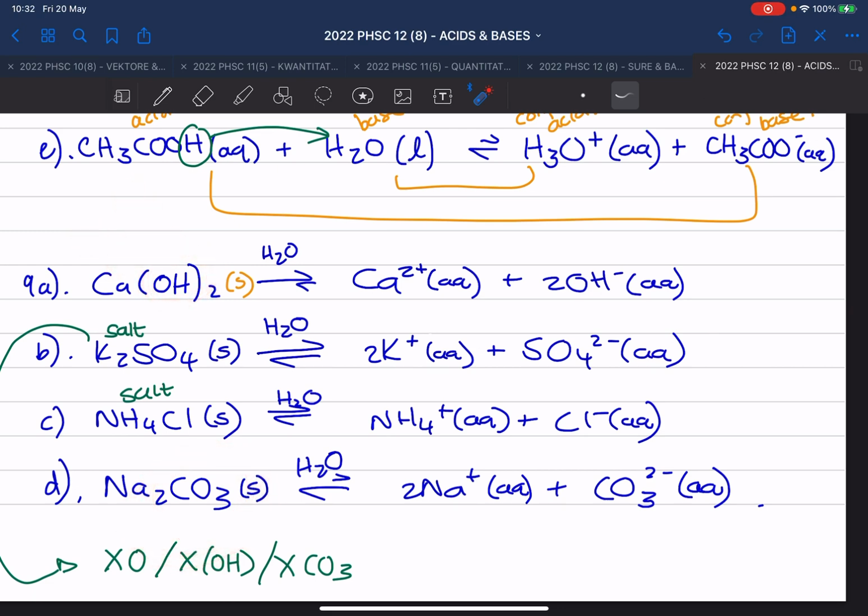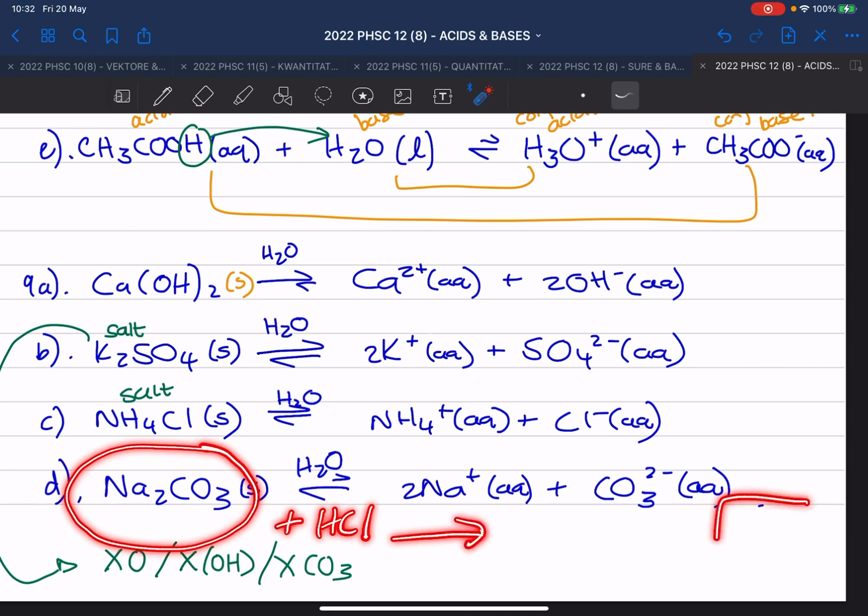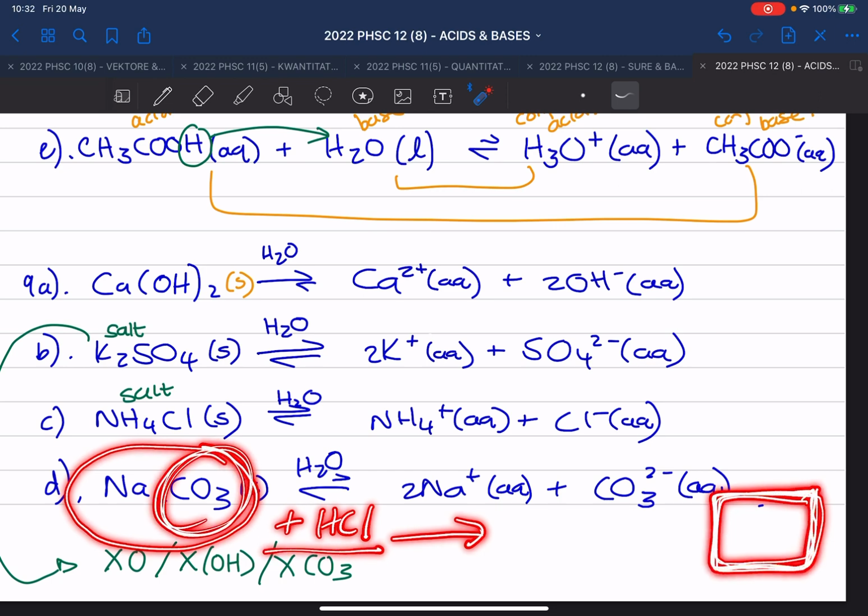Then I said on your first page, if this thing reacts with an acid, then it gives you a very special product. What is that special product? If a carbonate bonds with an acid, it gives you a special product. What is it?